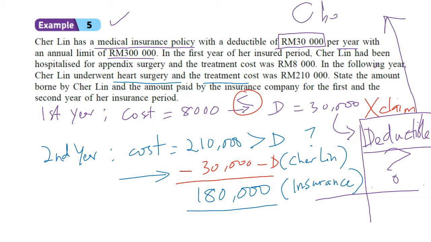The premium is cheaper. That's why people have this deductible. And you can choose your deductible, how big the amount is. The bigger the deductible, the lower the premium. The smaller the deductible, the higher the premium.